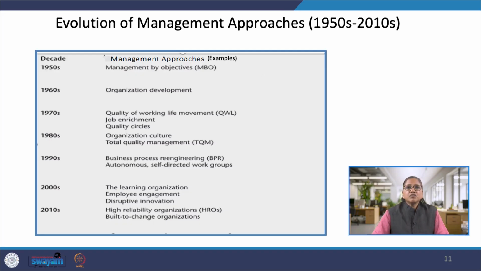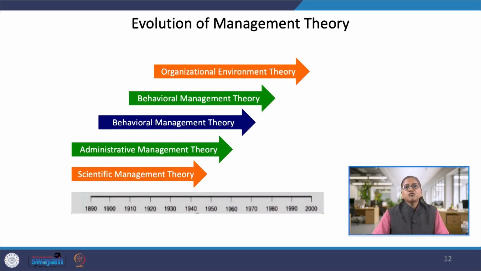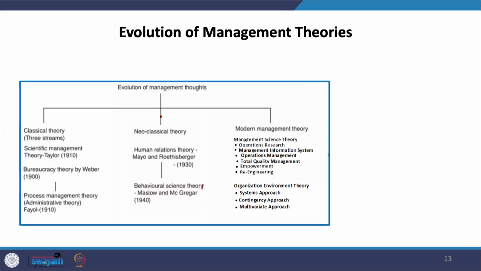The focus started with scientific management theory, administrative management theory, behavioral approaches to management, management science theory and organizational environment theory. All these theories have contributed to the domain of organization and management in some way or the other, which have led to efficient functioning of organizations.